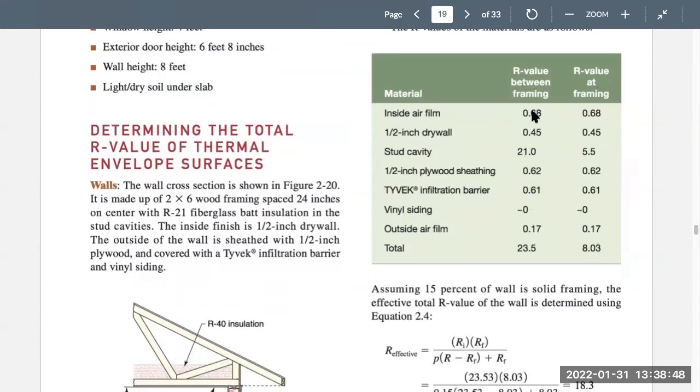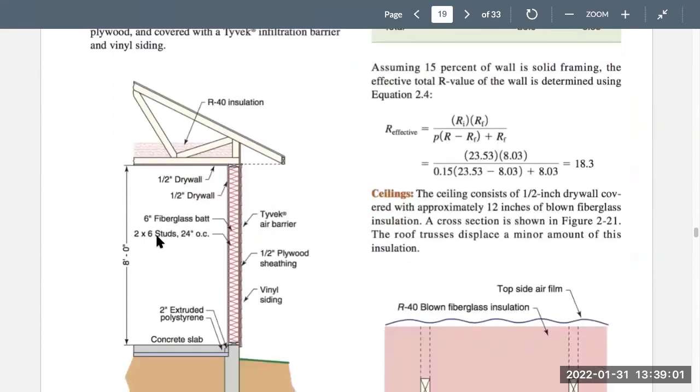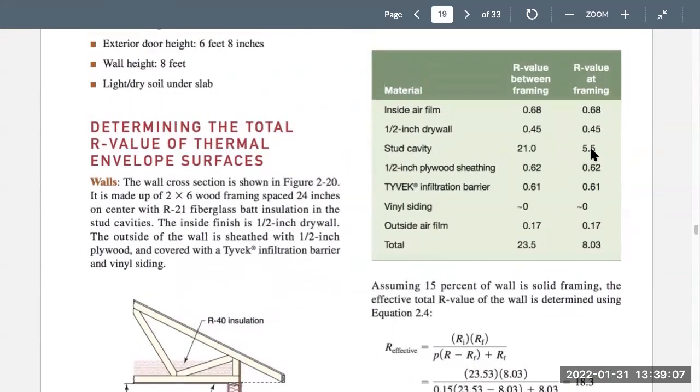So when we don't have studs, we have an R value of 21, but at framing, we have a stud R value of 5.5. Most likely this is because we're dealing with a 2x6 stud, and you're at about an R value of 1 per inch for wood. They're a little low. So, 5.5 is close to 6.